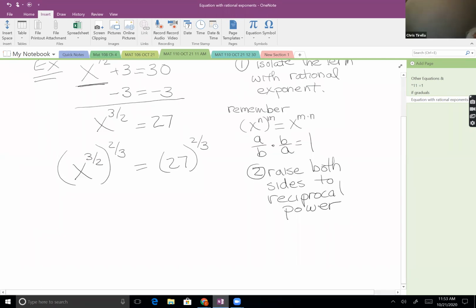And again, like we said in the scrap work off to the side, when I raise a power to a power, I multiply those exponents. And when I multiply something by its reciprocal, I get 1. And so that leaves me with x to the first. So now we're going to simplify and solve.